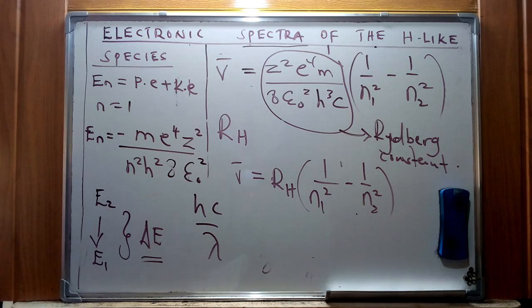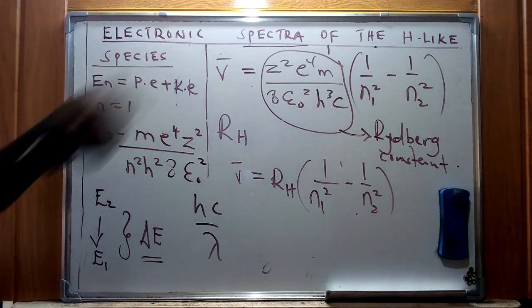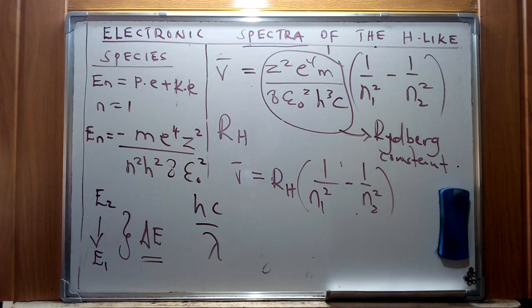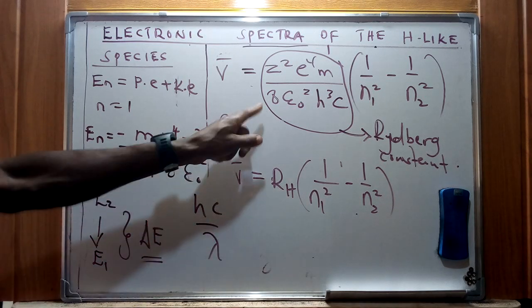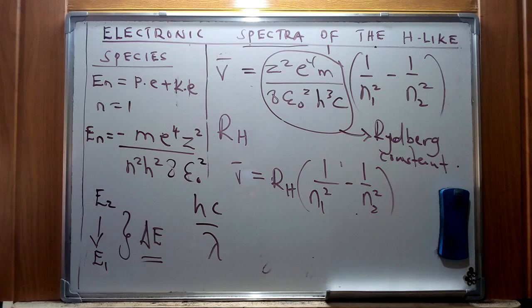And we're going to see that this wave number plays a vital role in determining the description of electronic spectra of a hydrogen-like species. Now this consists of a range of what we refer to as constants. This Rydberg's constant can be achieved.